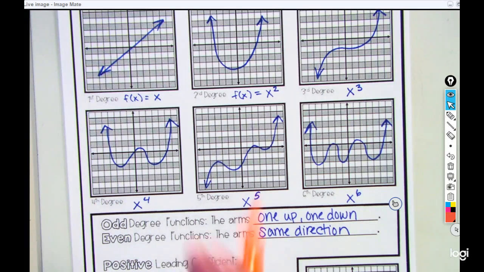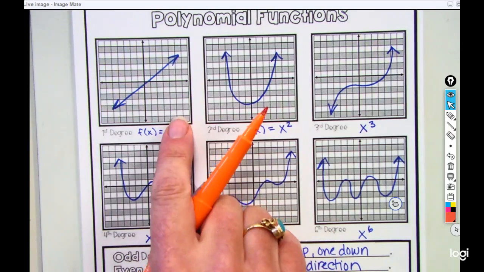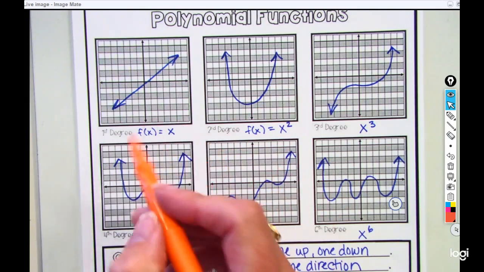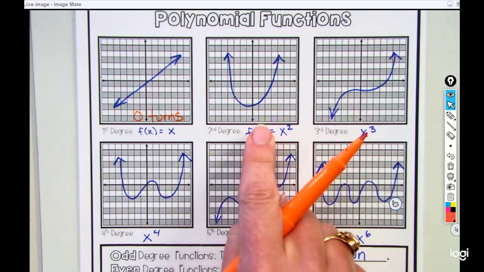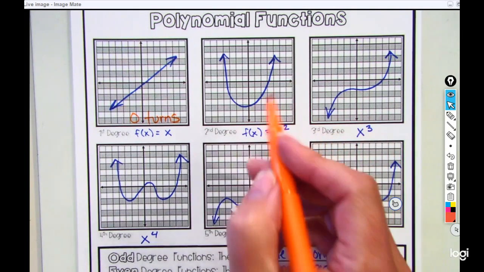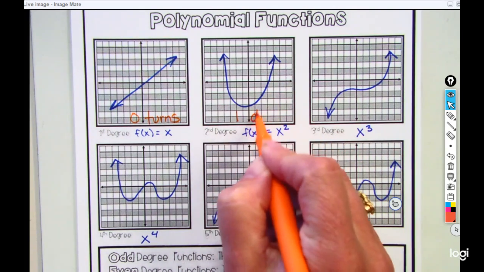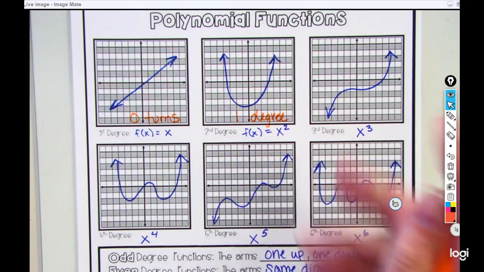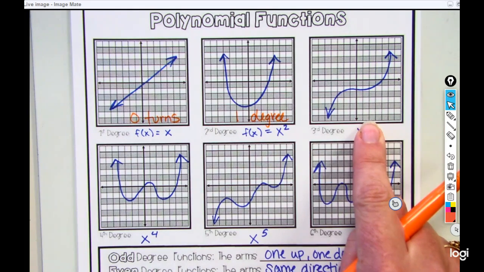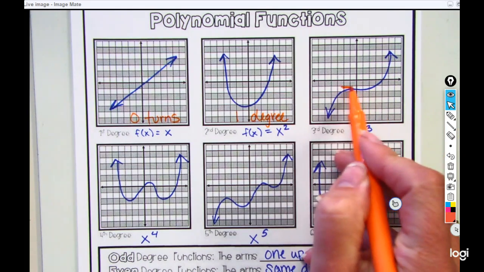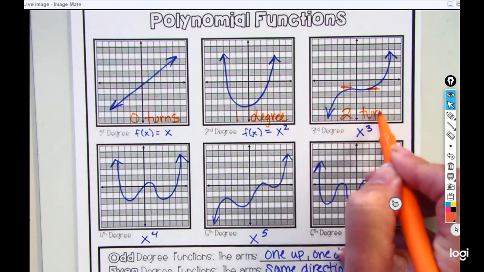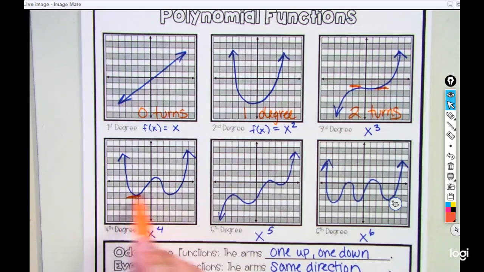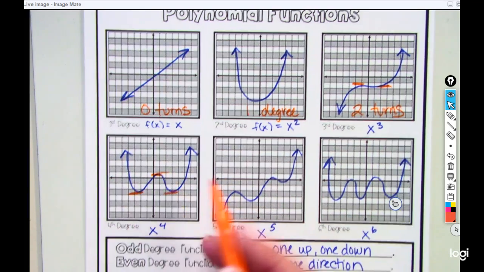How many turns does degree 1 have? 0 turns. How many turns does degree 2 have? How many turns does degree 3 have? How many turns does degree 4 have? 3.